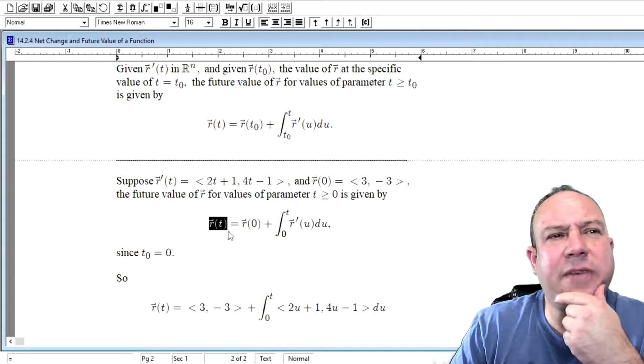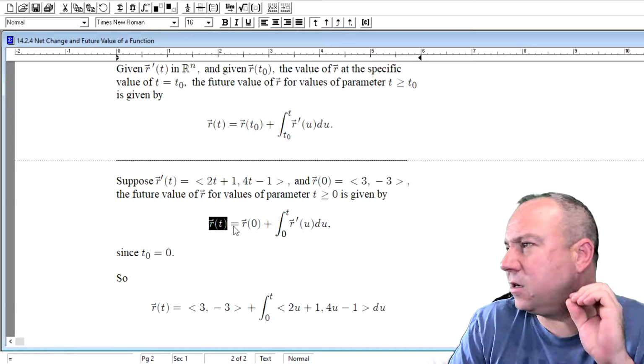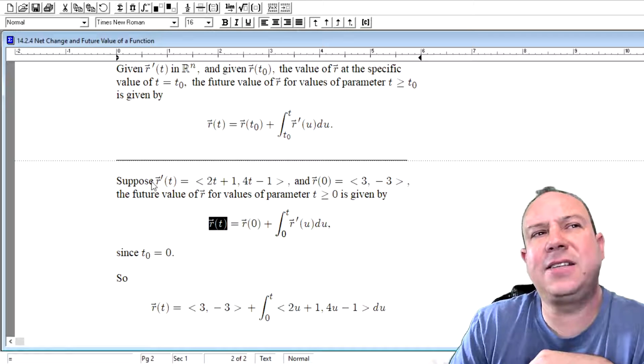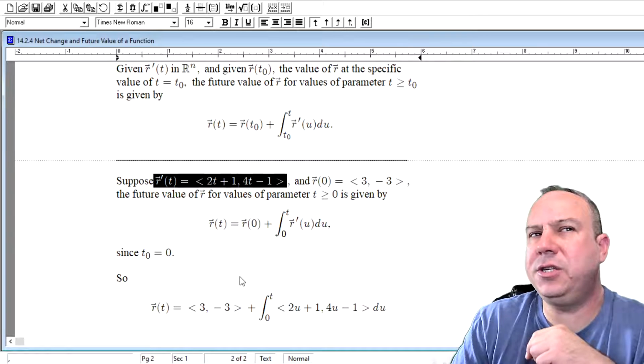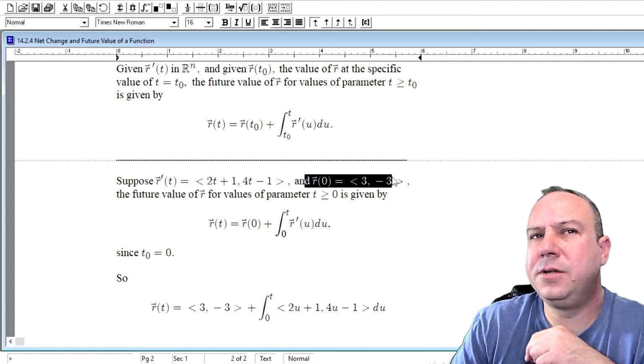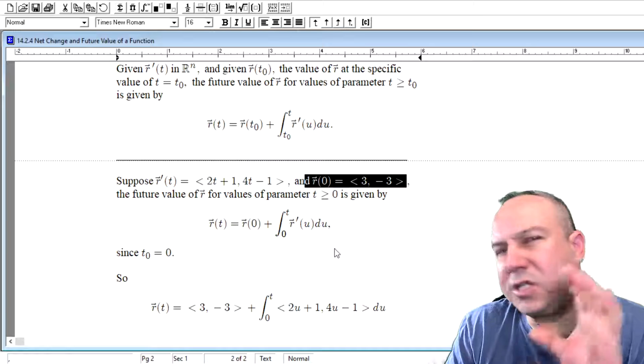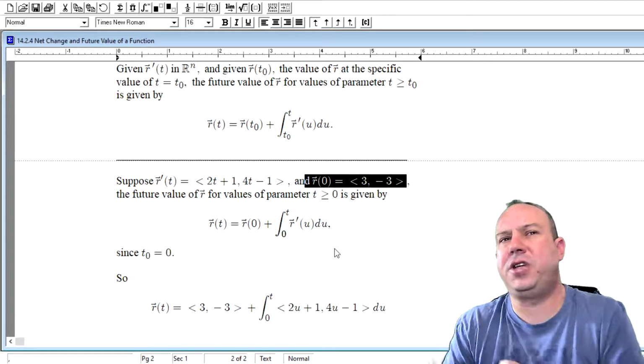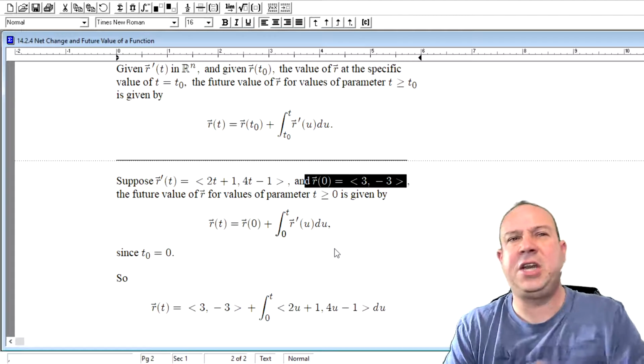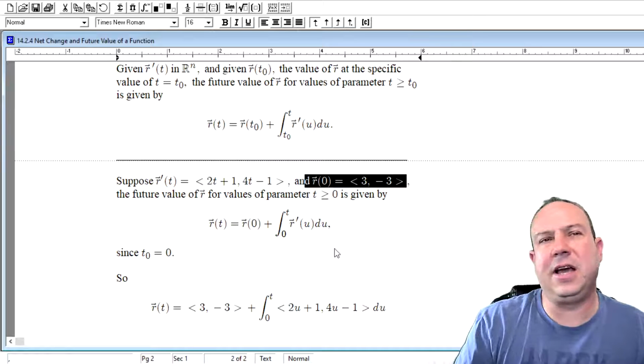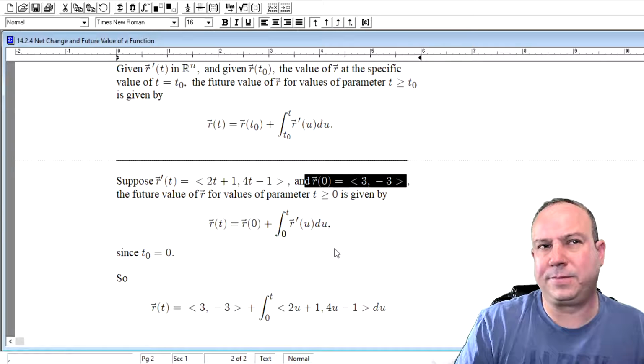And notice that is what we're finding. And we can find our description of r bar t in this context if we know its rate of change and we know just a little bit of information of an observed position at an observed unit of the parameter. All right?